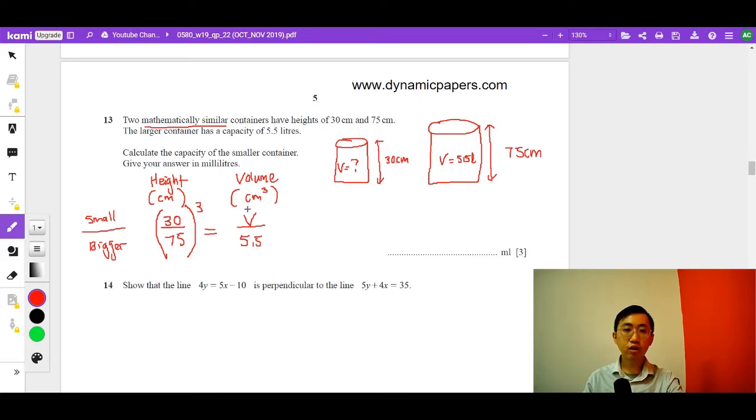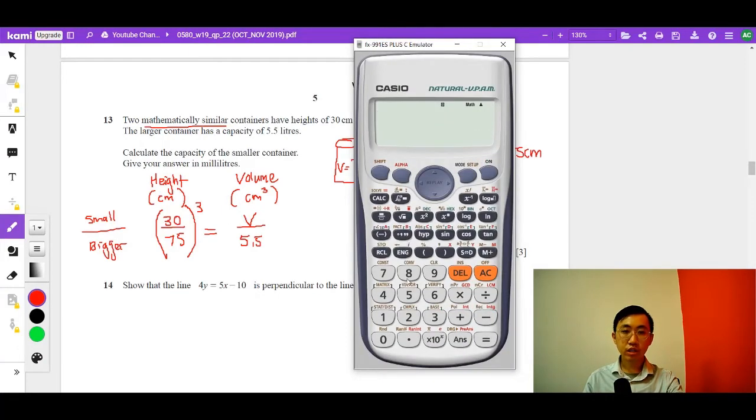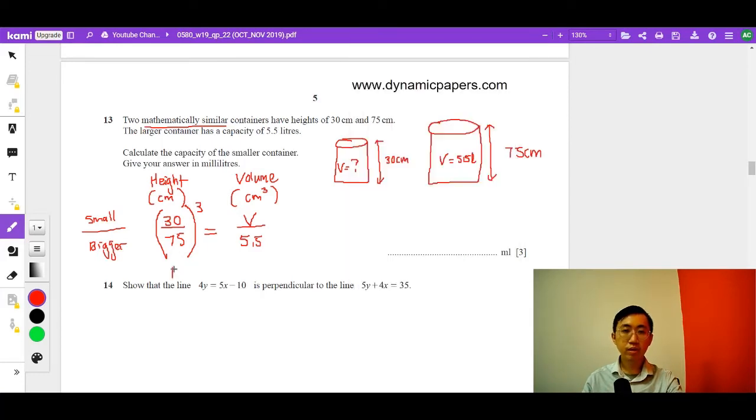So now that you are ready, go ahead and use the calculator. The teacher is going to use the fraction button. 30 over 75, press equal, cube it, cube answer. Okay, so press this button, S to D, 0.064. So we found that after solving it is 0.064. 0.064 equals V over 5.5.